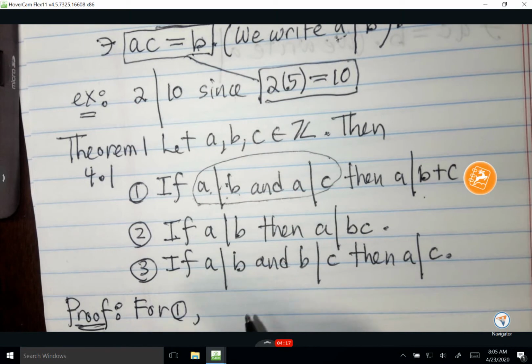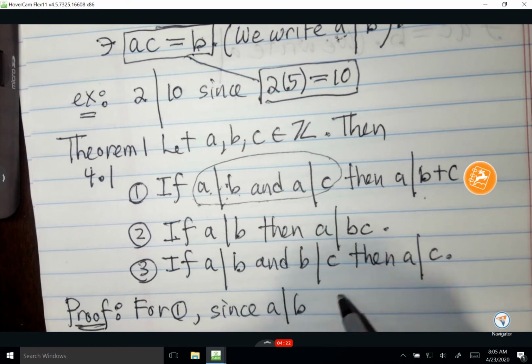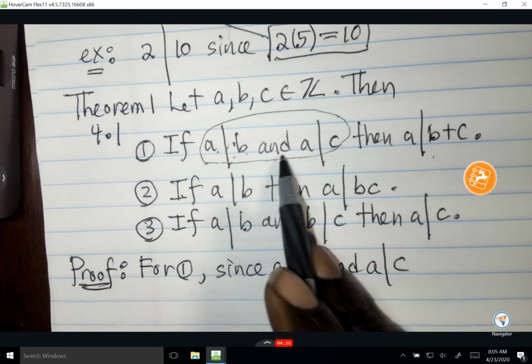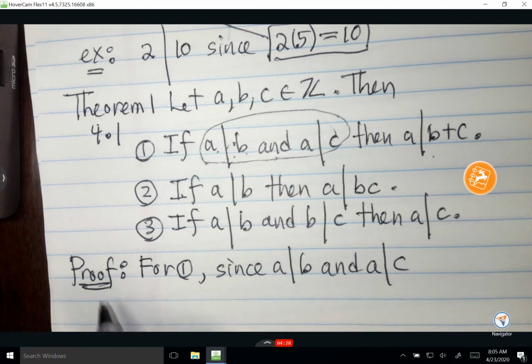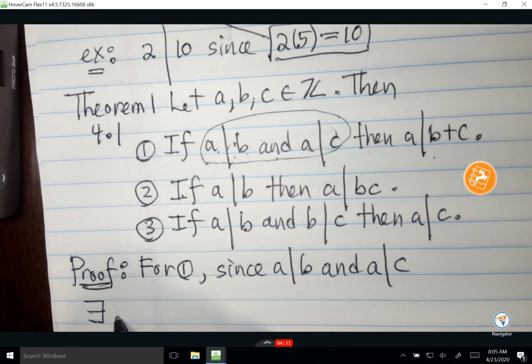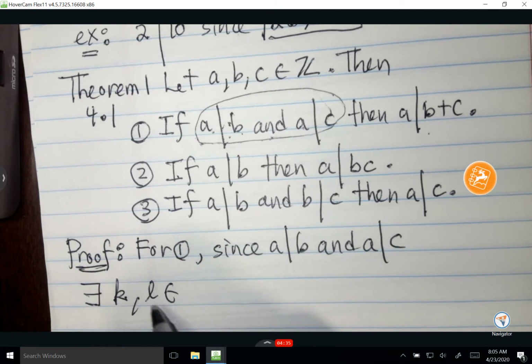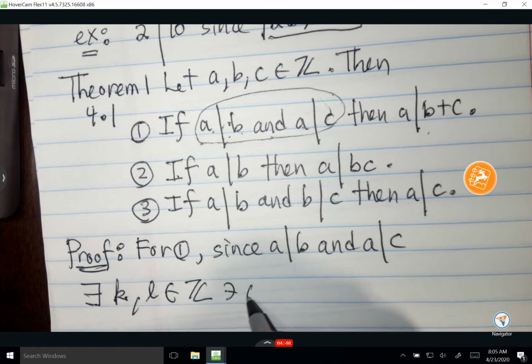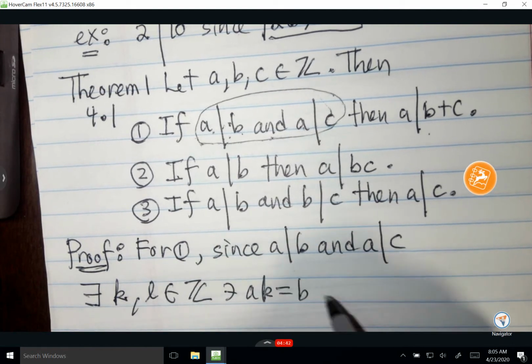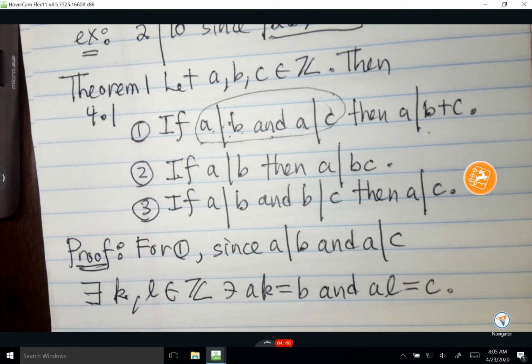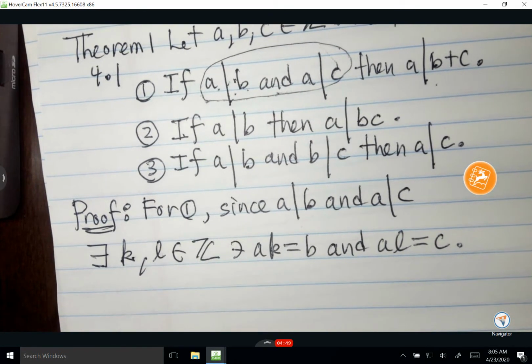And so we have to use the definition of division up here and exploit that to show A divides B plus C. So you could say since A divides B and A divides C, that was given to us here, there exist some integers. I'll call the first one K, maybe the second one L. We don't know they'll be the same integer, so you need to use different letters in Z such that AK is B and AL is C. Okay?